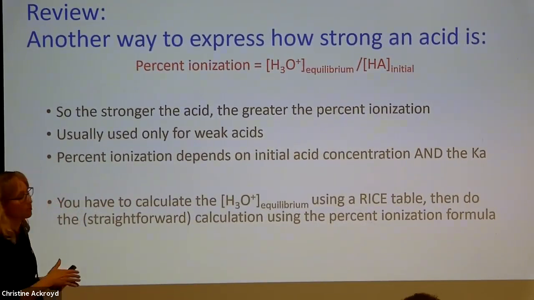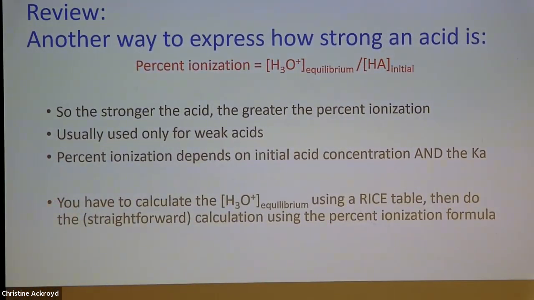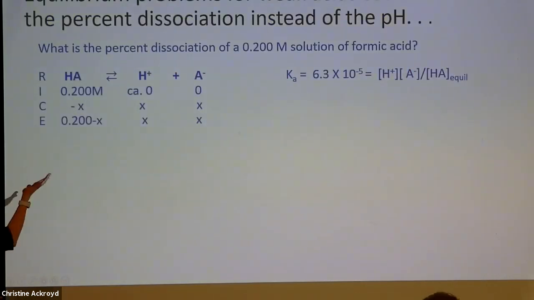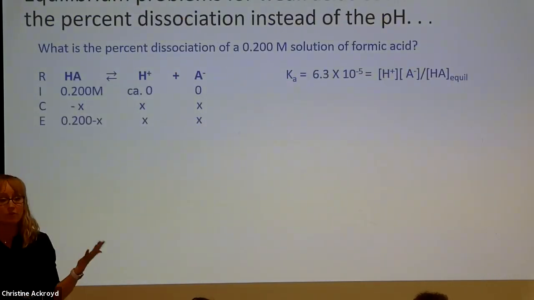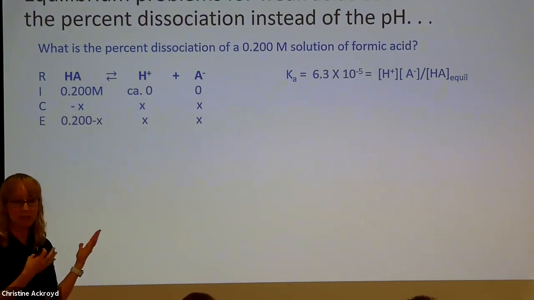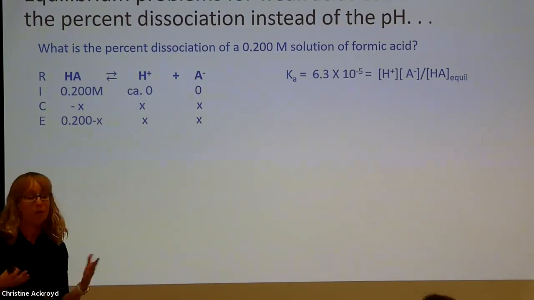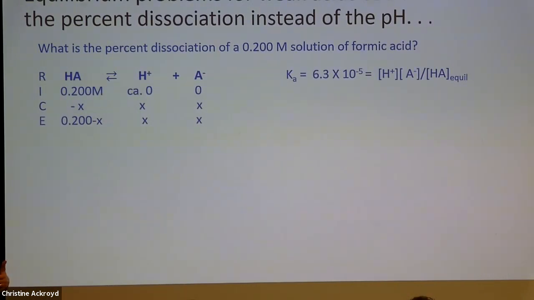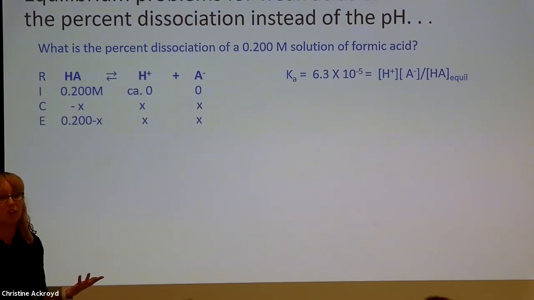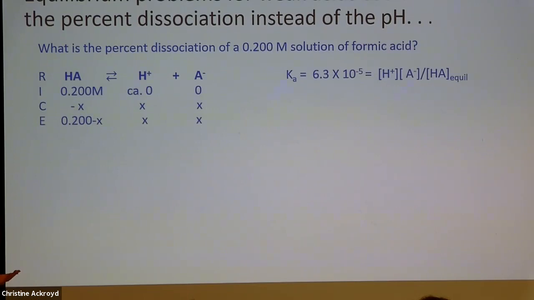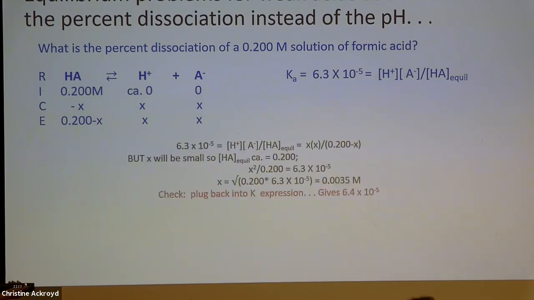So here's an example. Let's switch slides here. We're in the formic acid solution. We did a previous equilibrium problem. The question could have said, instead of calculating the solution pH, calculate the percent ionization. You solve for X like you would normally have done.